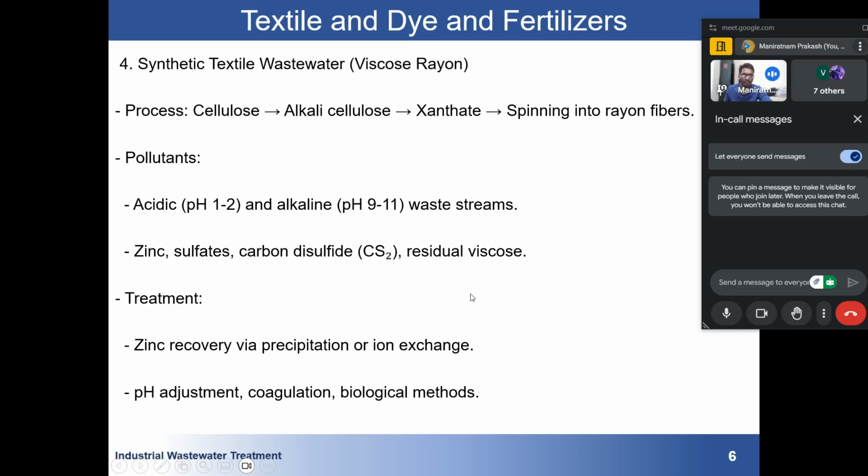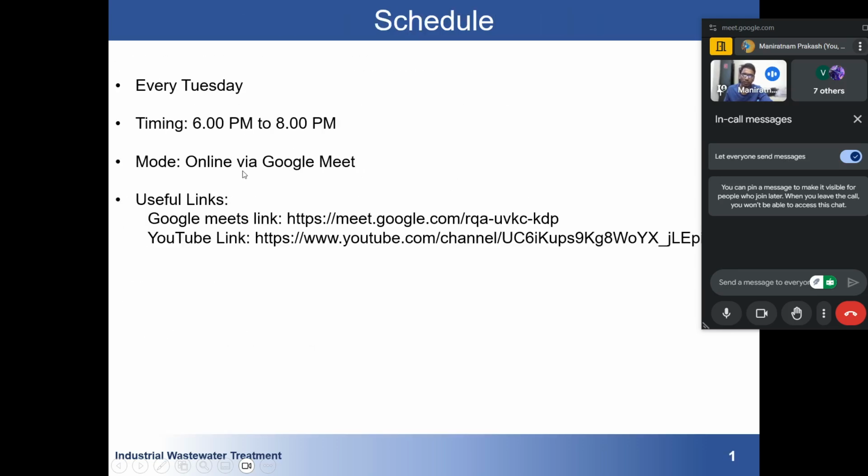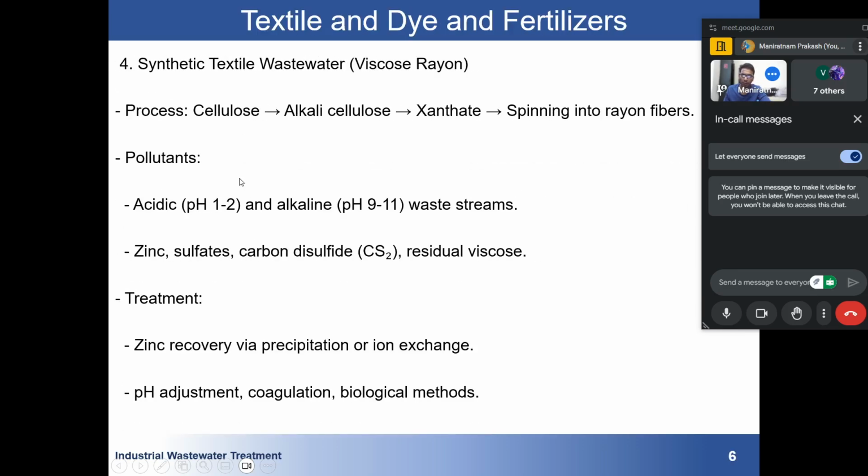In this method there is a use of zinc sulfate and carbon disulfide for different processes. If you have gone through the lecture you might have an idea of what the use of these minerals in this process is.